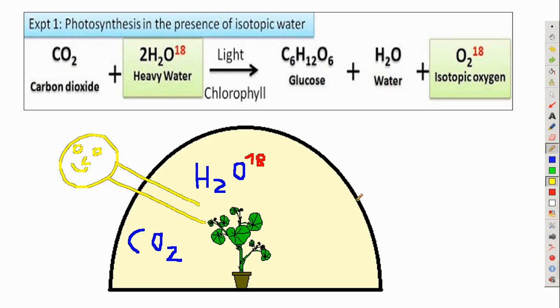And what Ruben and Kamen noticed is that the oxygen which is being produced has the 18 isotope, which was not the case for the glucose.